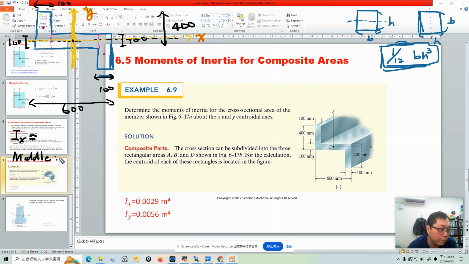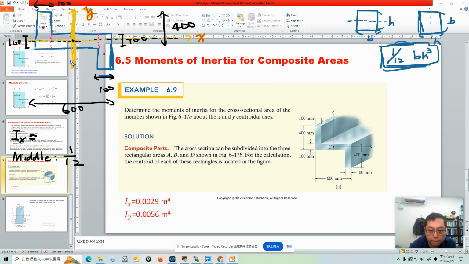So in the middle part we can use the formula for the rectangular moment of inertia directly, because the x axis passes through the centroid of the middle part. So it's 1/12 b h cubed. Be careful, the rotational x axis is here.